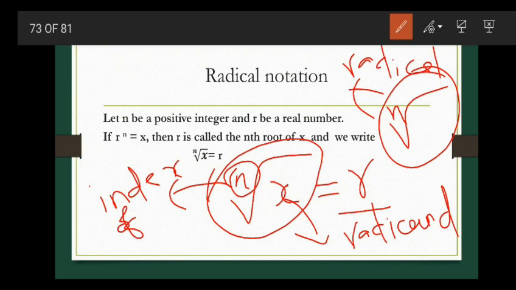So you can represent nth root of x in this notation. This notation is called radical notation, and the symbol root n is called radical, and the n, or positive integer, is called index of the radical, and x is the radicand.